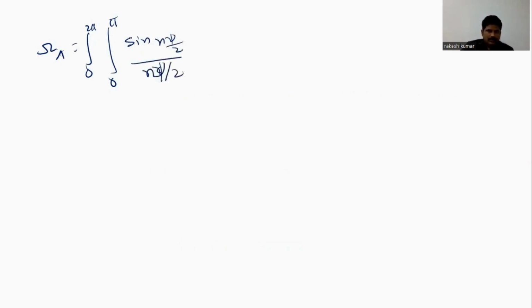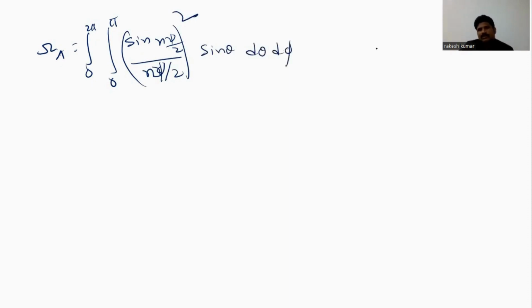Therefore beam area sigma A is equal to the integration from 0 to 2 pi, 0 to pi, of (sin N psi by 2 by N psi by 2) whole square into sin theta d theta d phi.